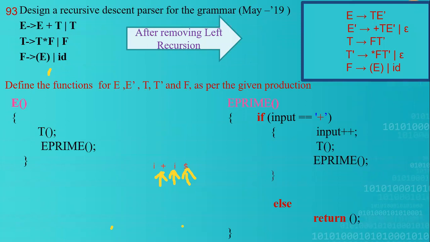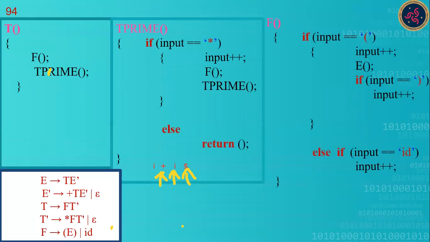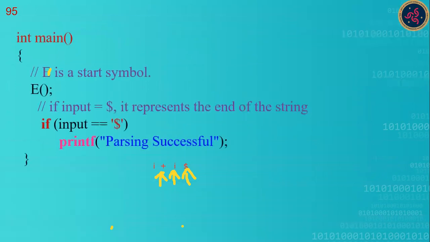So from here the control is given back to the main function. Okay, so it will reach here and it will check whether the input is equal to dollar symbol. Yes, there is a match with the dollar symbol. Now we can say that it is I plus I, that is, the given string is a string which is according to our given grammar. So here we can say that it is successfully parsed.